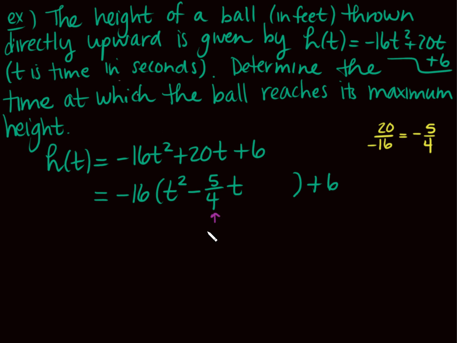You can do these. Do what you know how to do and just take your time doing it. Don't freak out. I mean, if you want to freak out, you can, but freak out and then pull yourself together and try it. So here I'm going to take half of that middle term, the -5/4. Again, with fractions I just multiply straight across, so -5/8, and I'm going to square this sucker. So plus 25/8.